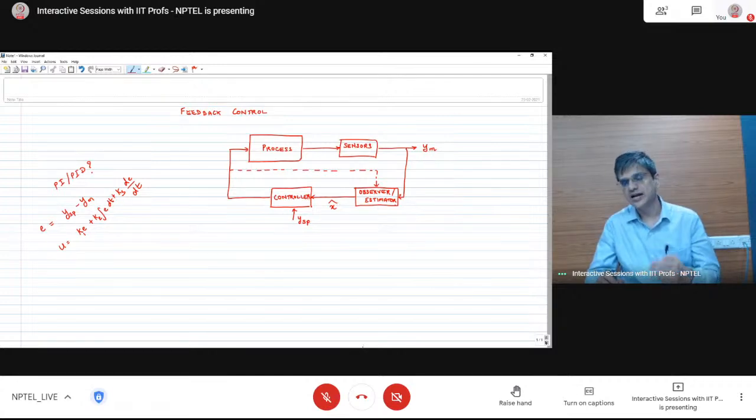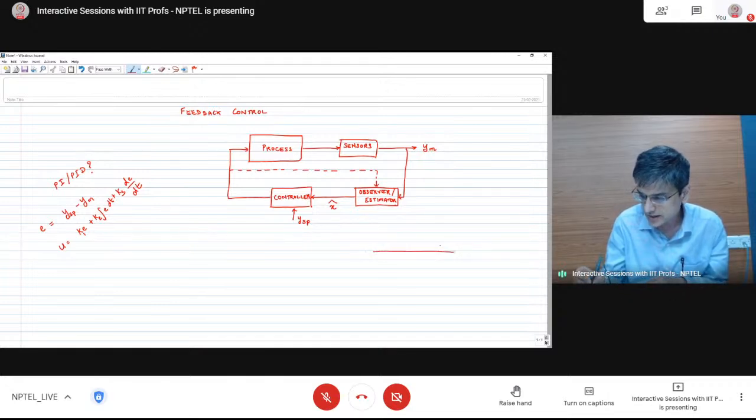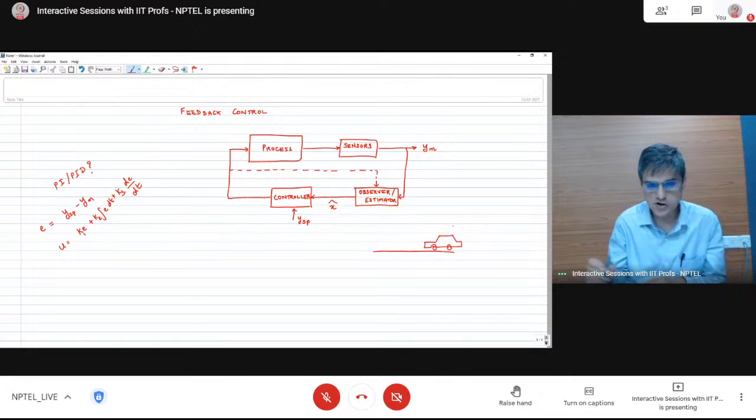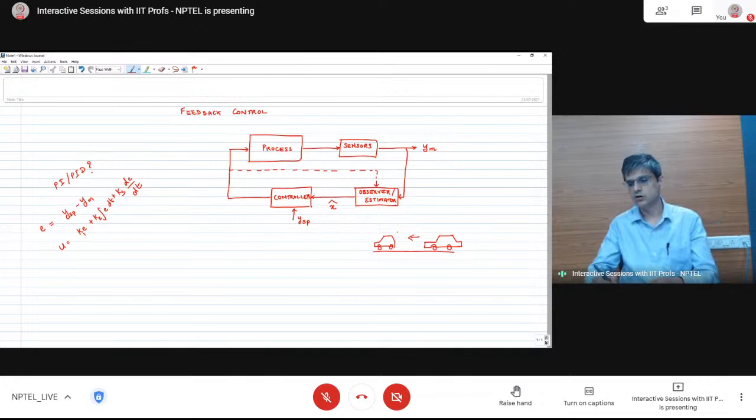Now, an example. I had given this example in the first week video. Let's say you are driving a vehicle, and there is another, smaller vehicle in front of you, and you want to overtake that vehicle.